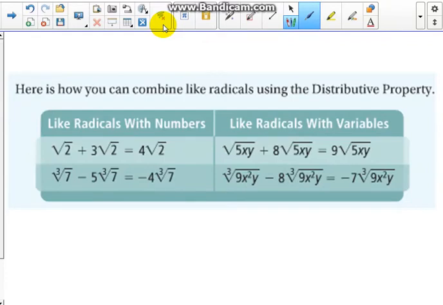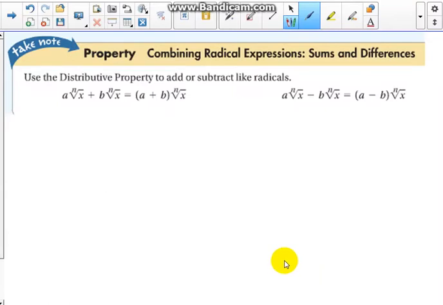Now you may want to go back, pause here, and revisit your original equation that you created with your bell work. So here's a property now that we can say: combining radical expressions with sums and differences using our distributive property, we can add or subtract our like radicals.